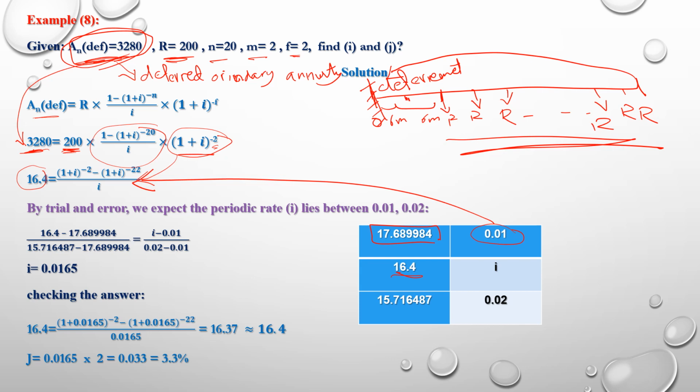So we need to increase this rate, and we will take i equals 2%. By substituting 2% in this formula, we get 15.7, so this is less than 16.4.